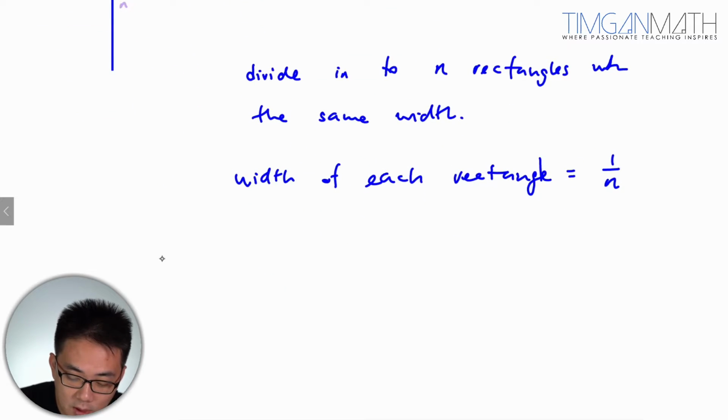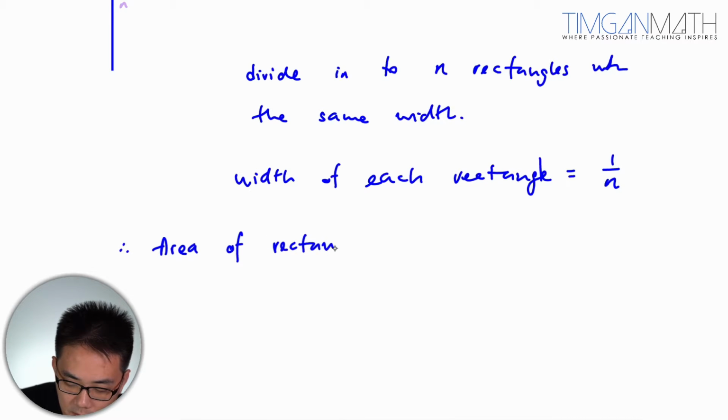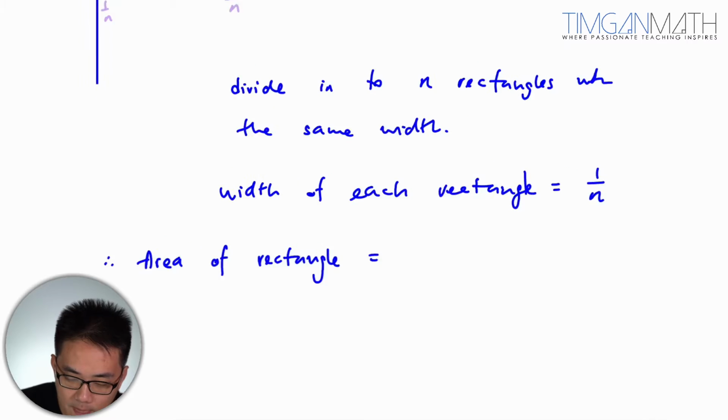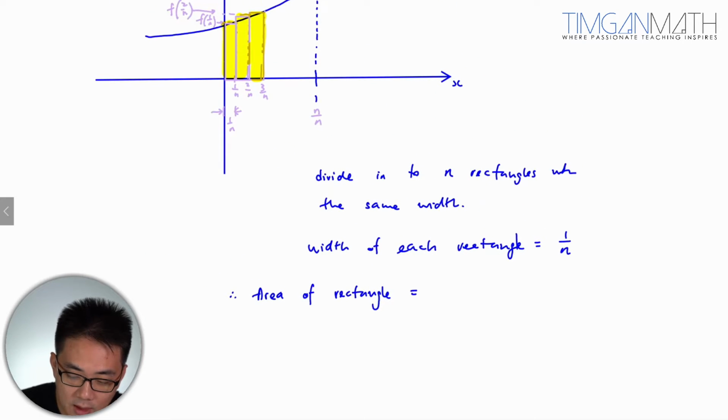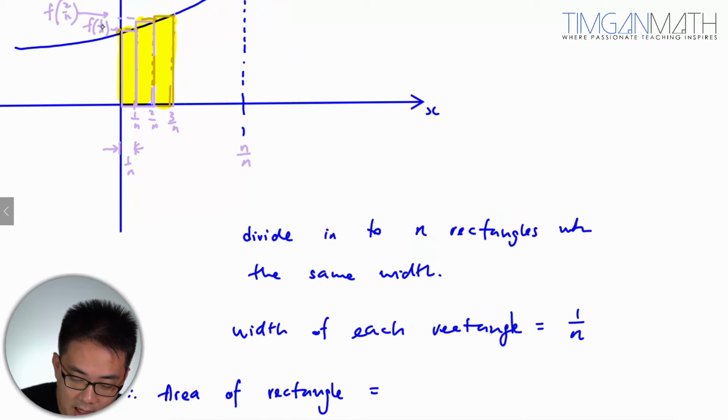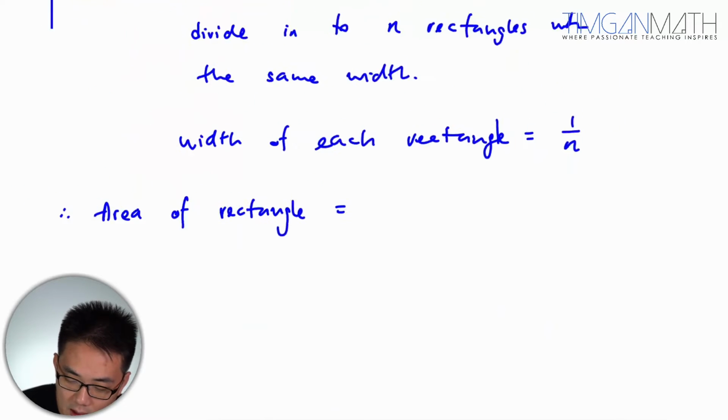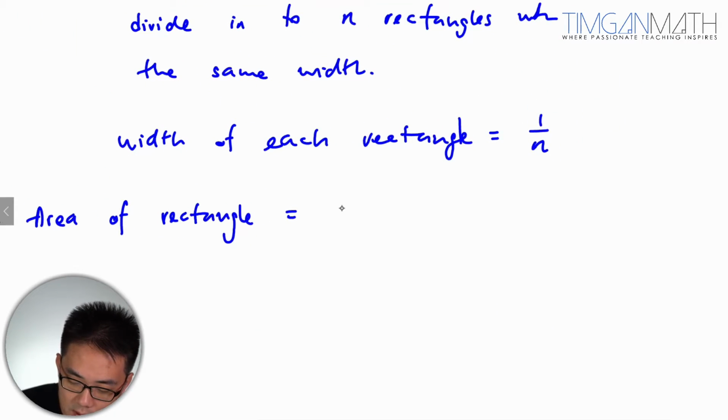Hence the area of a rectangle is base times height, so the width times the height.